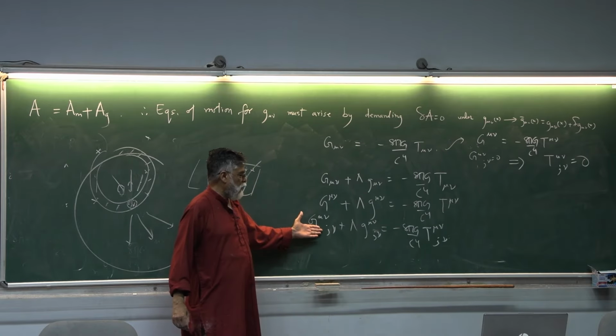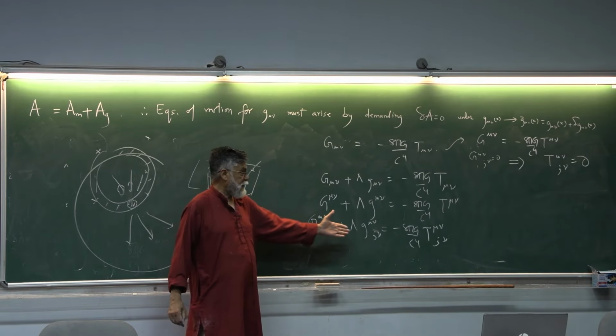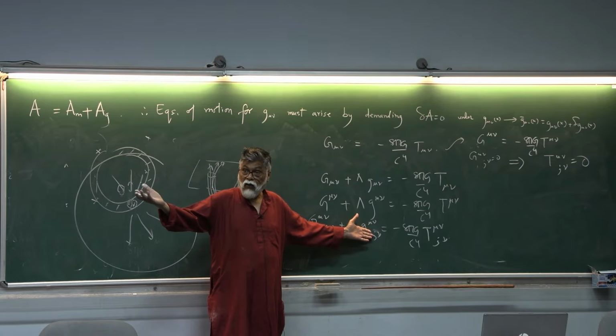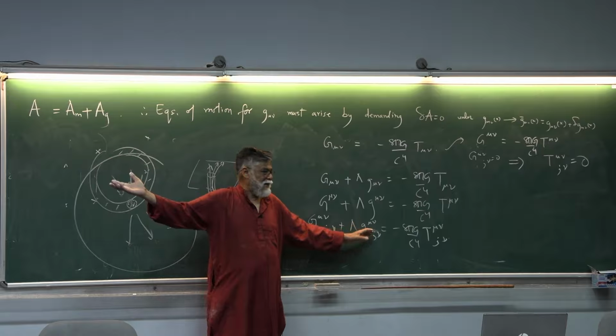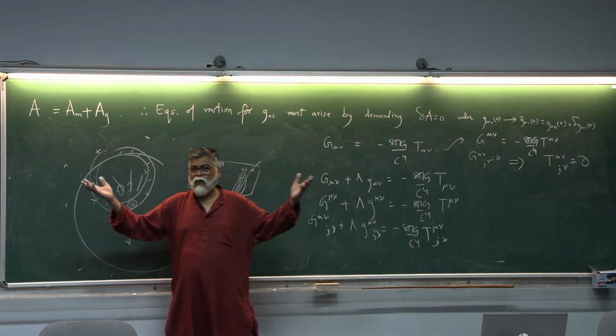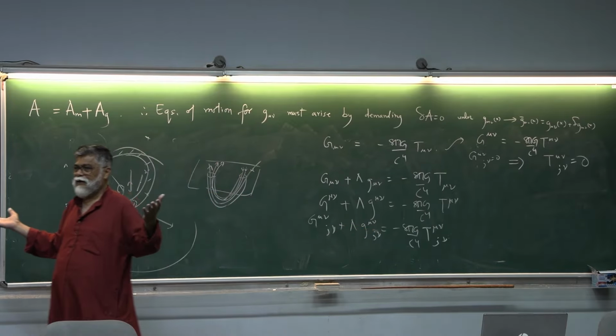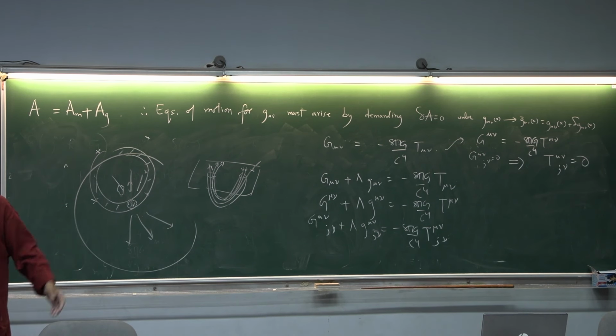But this is 0 due to Bianchi identity. This is 0. We have already argued that principle of equivalence demands that g mu nu's covariant derivative must be 0. So this is 0, and you get back local conservation of the energy momentum tensor.